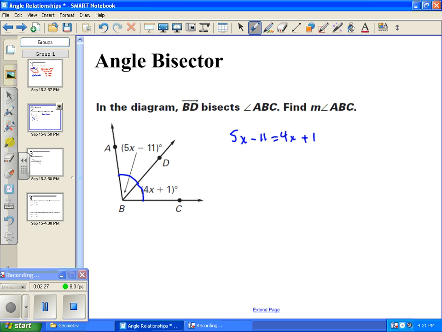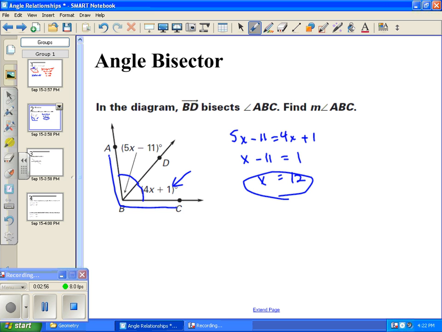So let's solve. Let's subtract 4x from both sides. Add 11 to both sides. So x equals 12, and we want to find the measure of ABC. So that's this full angle. If we plug in the 12 into one of the two expressions, let's plug in this one and double it, then we get that whole big angle.